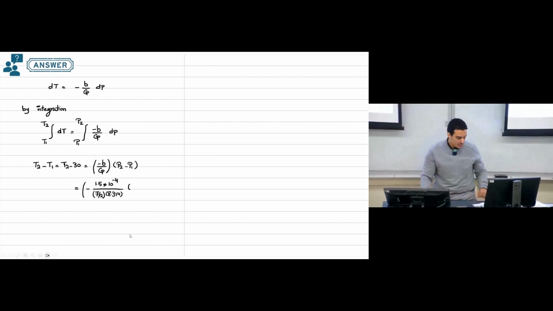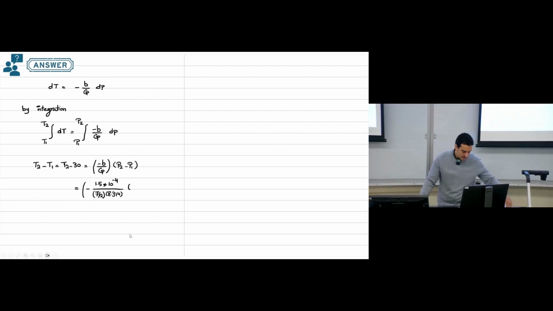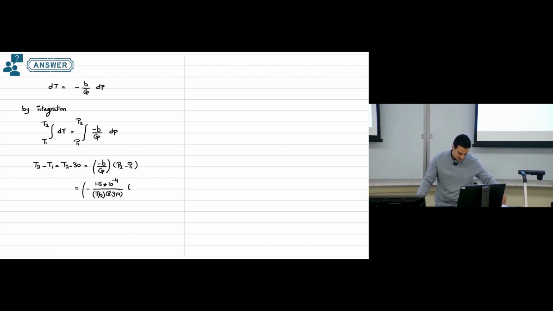For P2 minus P1, the pressure in this example was in megapascal, so we need to convert it to Pascal.